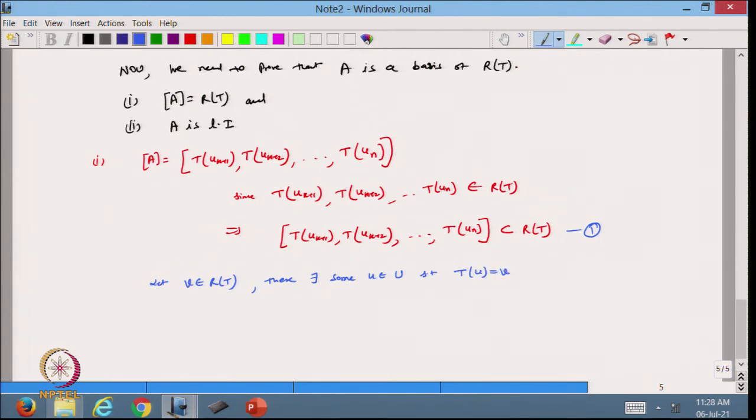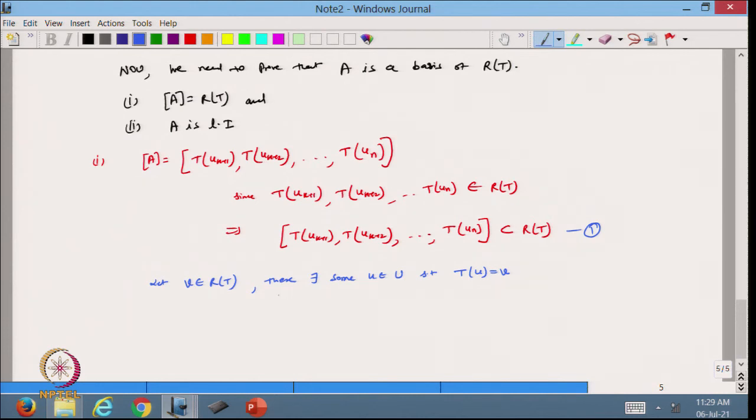What I want to show is that for any v I have taken from R(T), there is a u from U so that T(u) equals v. Now I want to show that v belongs to the span of this set. This is what I need to show.